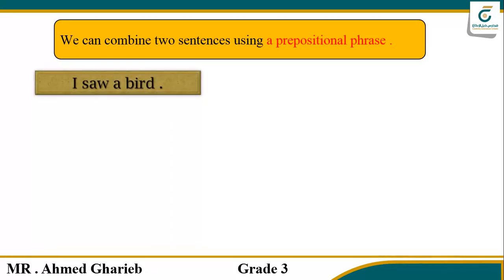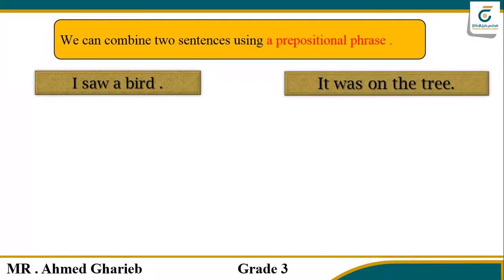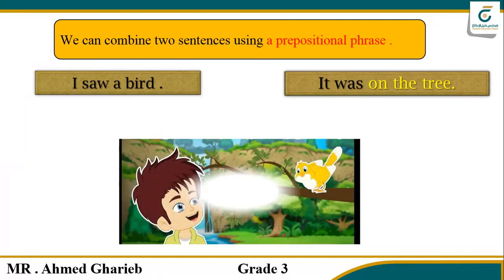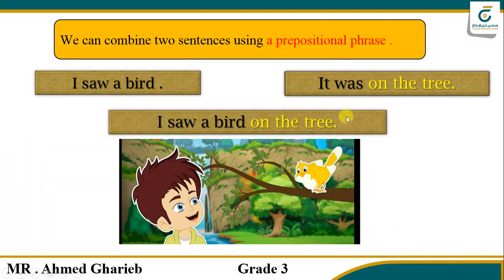I saw a bird. It was on the tree. So, where is the prepositional phrase? Of course, it is on the tree. So, we can make the two sentences just one by adding what?